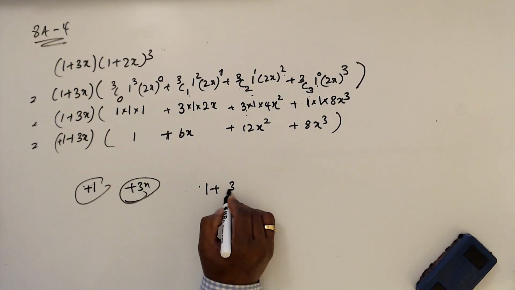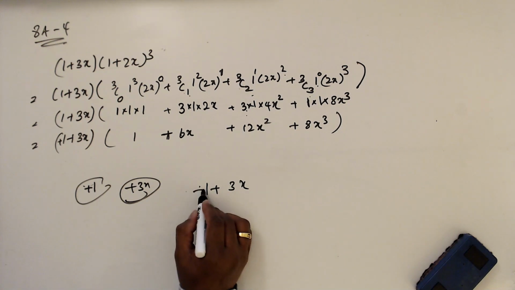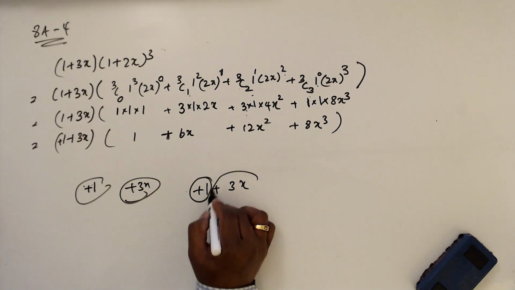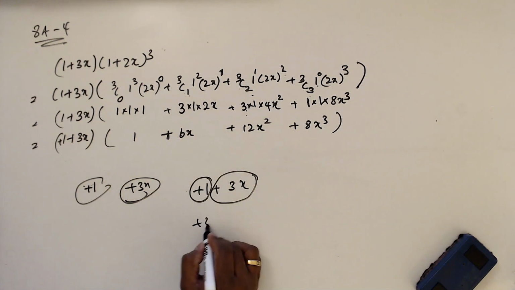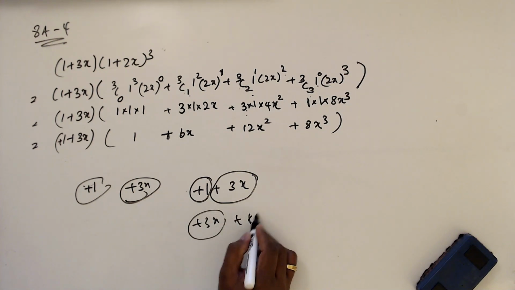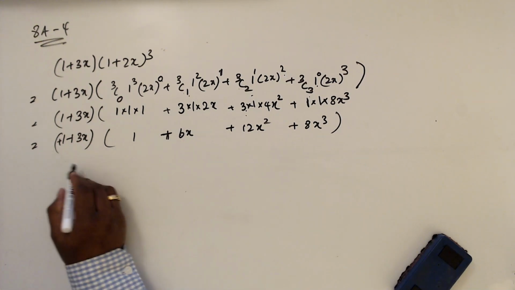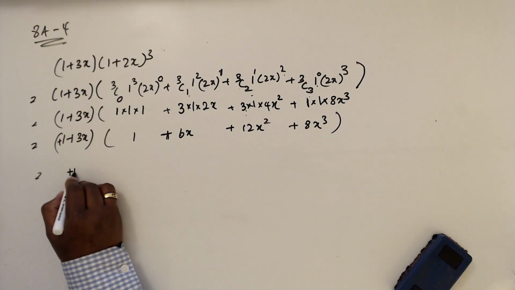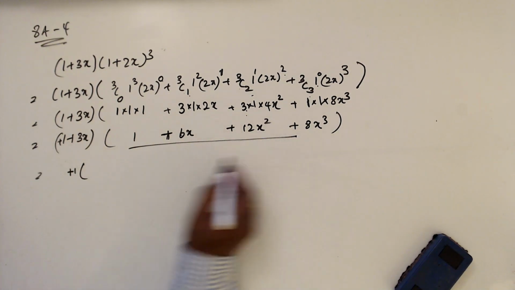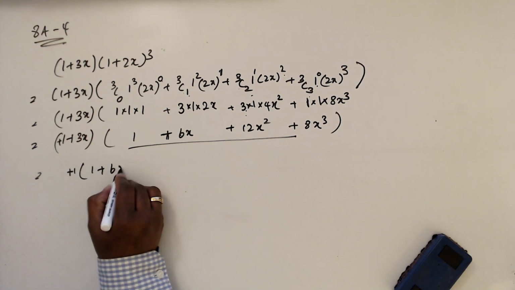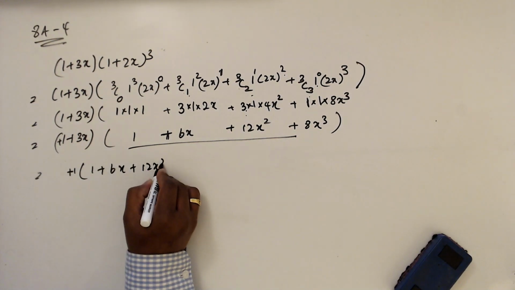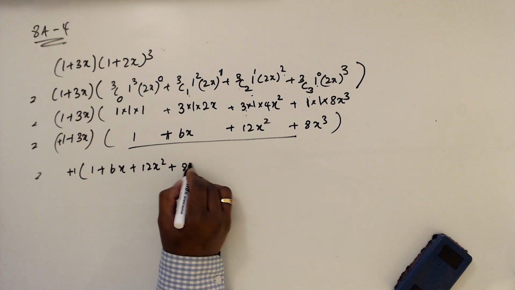1 plus 3x means what? How many terms? Two terms. One is plus 1, other one is plus 3x. First of all we multiply by the plus 1 term, the whole set: 1 plus 6x plus 12x squared plus 8x cubed.